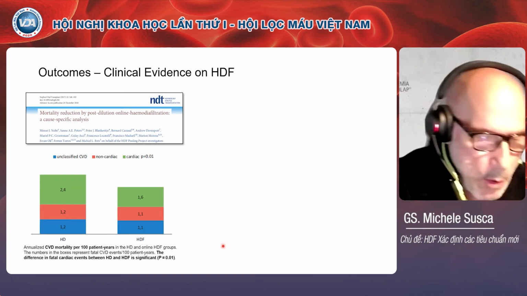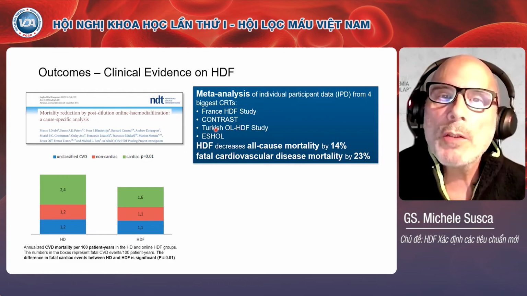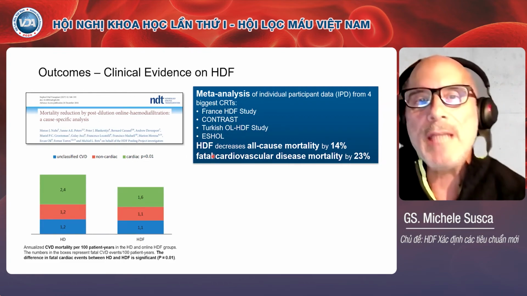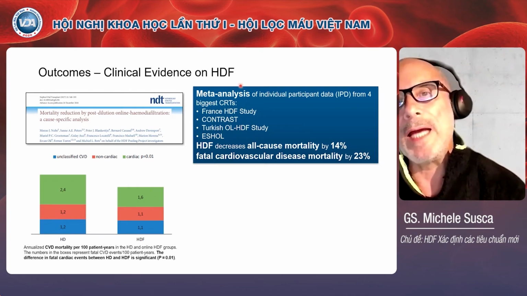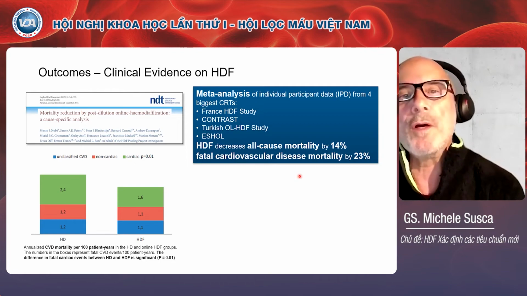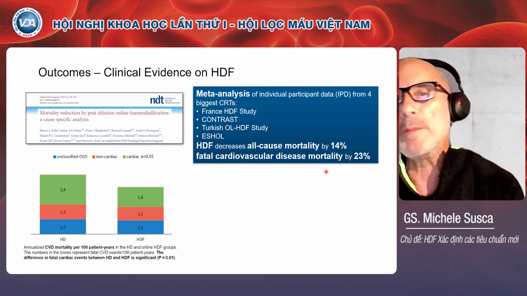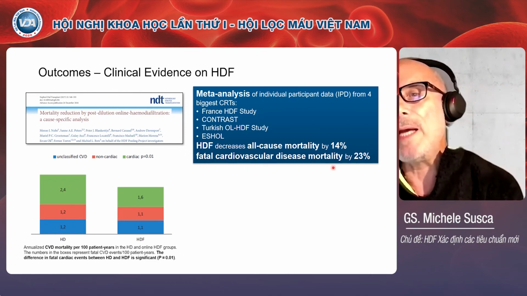Last one. These four studies you have seen before: the French study, CONTRAST, the Turkish online HDF study, and ESHOL. These have been analyzed again in a meta-analysis, and this also confirms that HDF decreases all-cause mortality by 14% and fatal cardiovascular disease mortality by 23%.